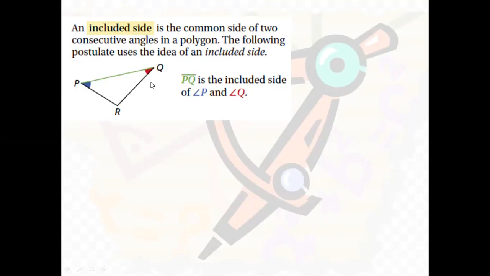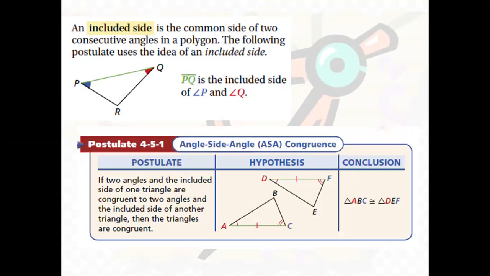So keeping this idea of the included side in mind, let's see what this ASA postulate says. Angle side angle congruence. What does it say?